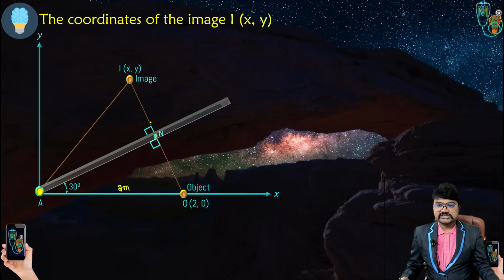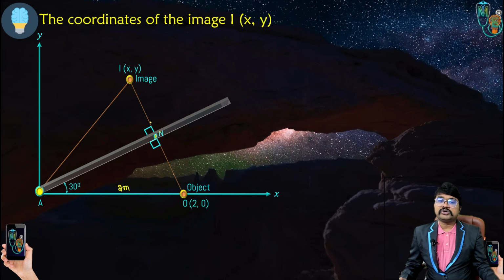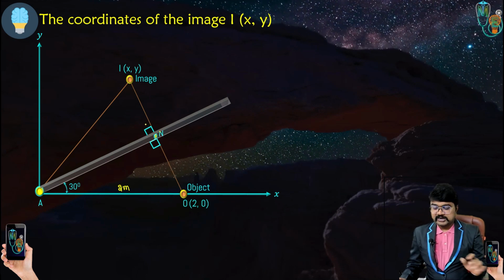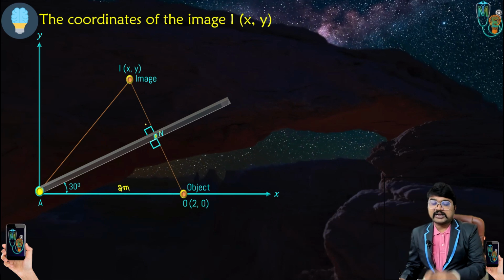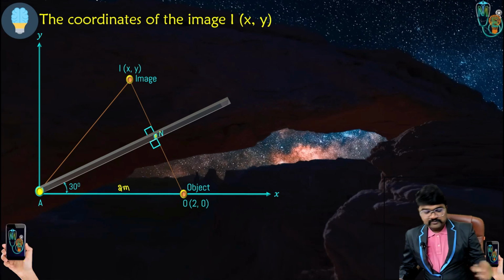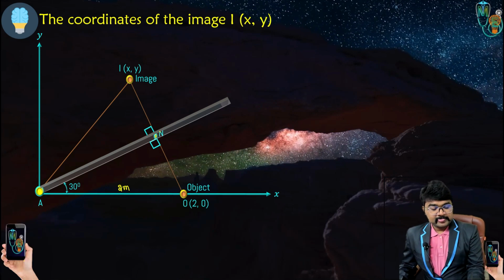To calculate the coordinates, we need to do some construction. Here we will be getting two triangles, triangle ANO and triangle ANI.